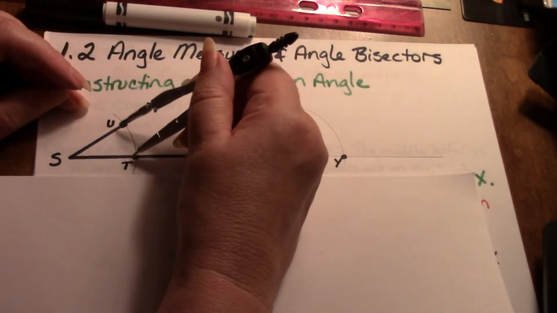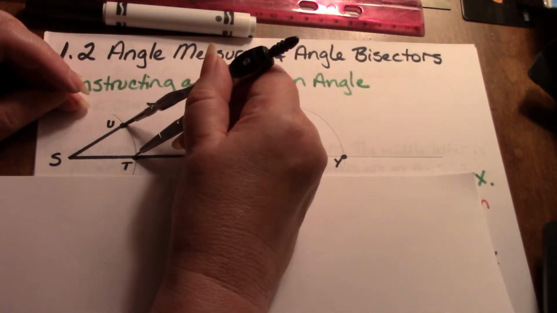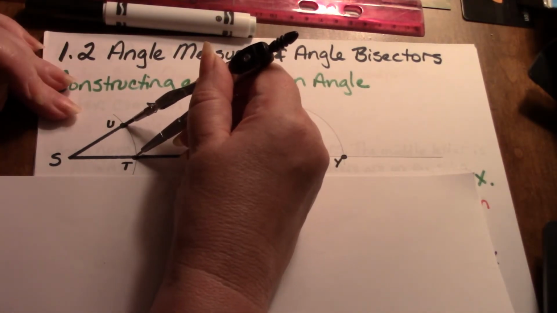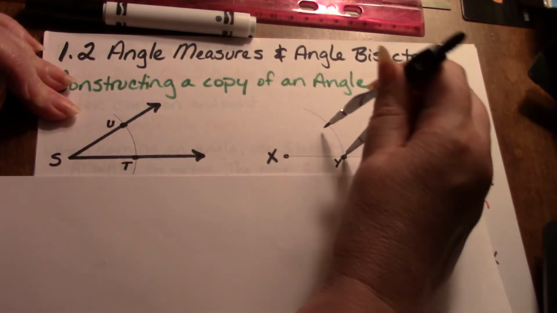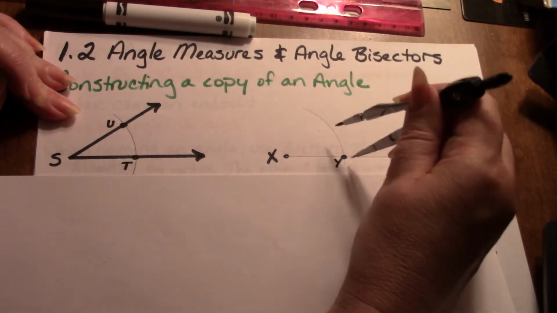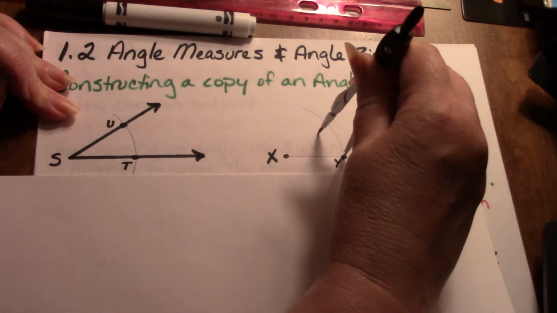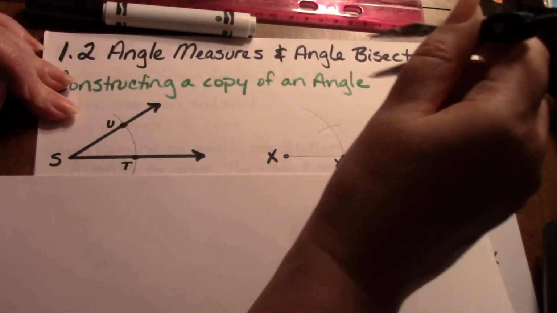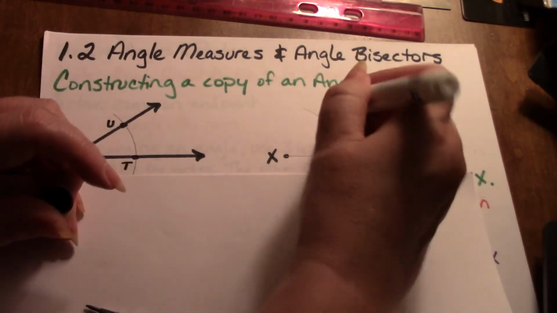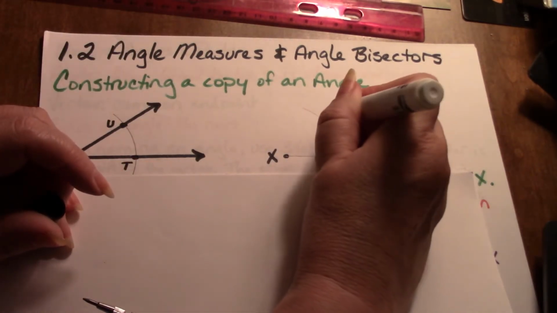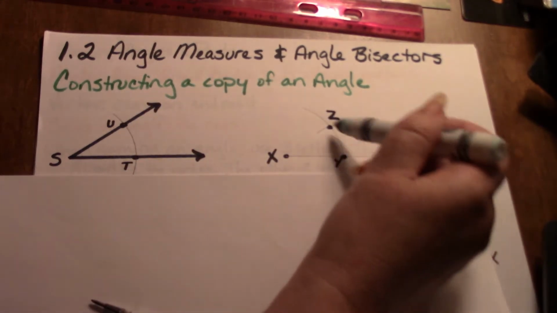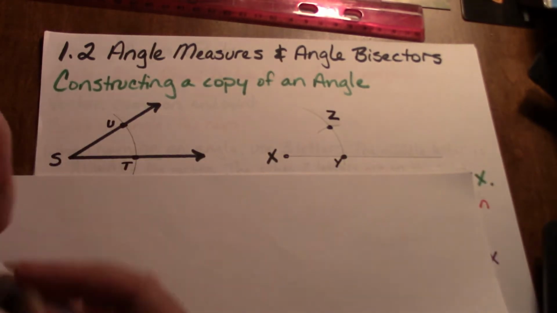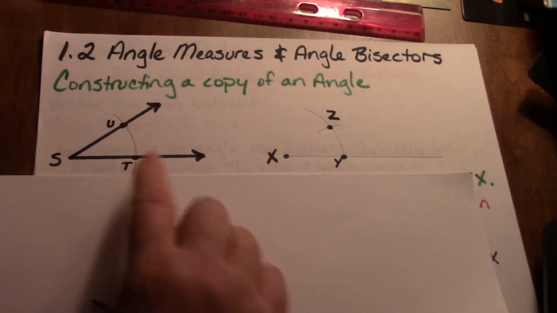And I'm going to measure the exact distance from T to U. And then I'm going to measure that exact distance, keep that Y there, and make an arc. And that is point Z. This width is the same as this width, and it's exactly the same distance from the end point.